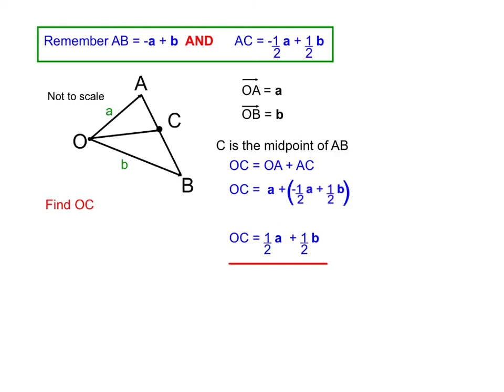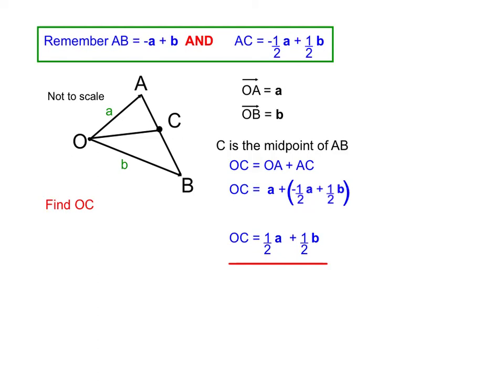So now I know that vector O to A is A, and vector A to C is written here, minus a half A plus a half B. Notice I've put this whole second vector in brackets.